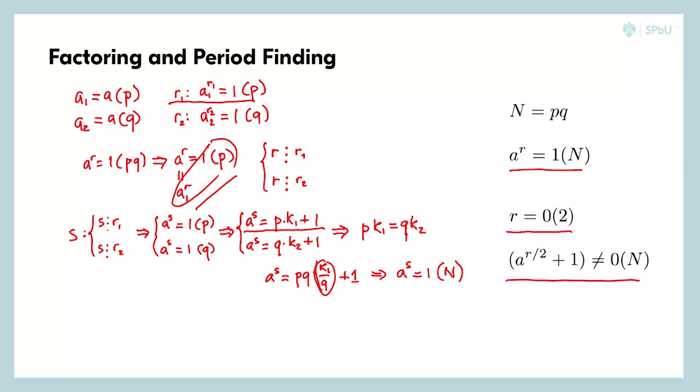So any number which is a multiple of both R1 and R2 has also to be a multiple of r.